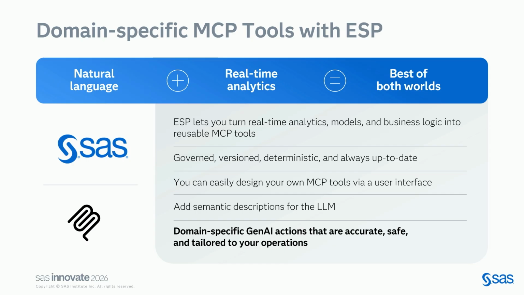So we're giving the LLM access to all of that. When we set up MCP tools in ESP, we are going to add semantic descriptions, both to the tools as well as the variables that we are going to use. This provides the LLM the right context of when to call which tool and how. And that makes sure that we can really tailor it to our own operations, so that we get the benefits of interacting in natural language with all of the benefits of using real-time analytics. That really gives you the best of both worlds.